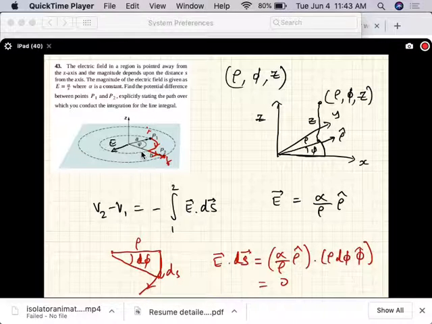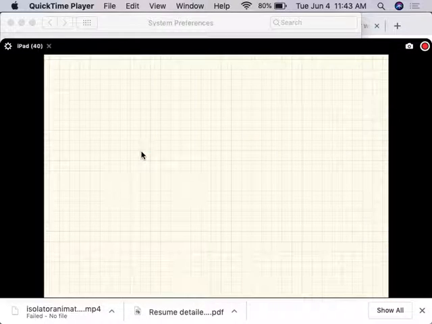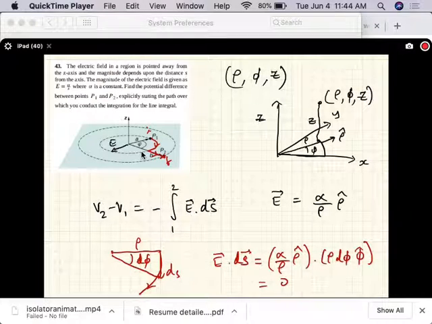So I'm going to write this expression. V2 minus V1 is equal to minus the integral, along path 2 now, and we'll call this point 1 prime.